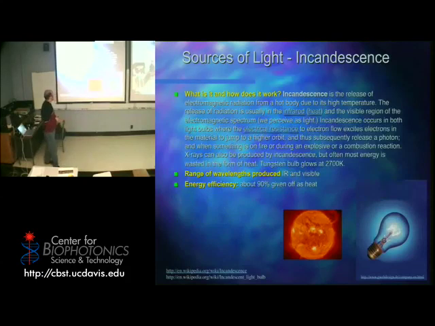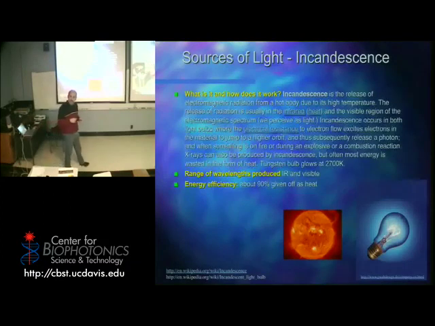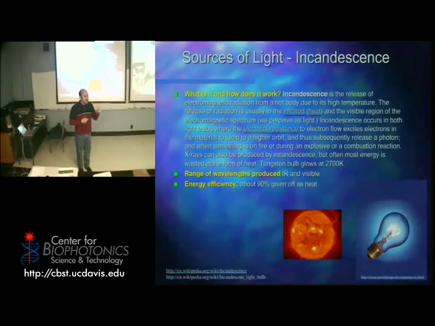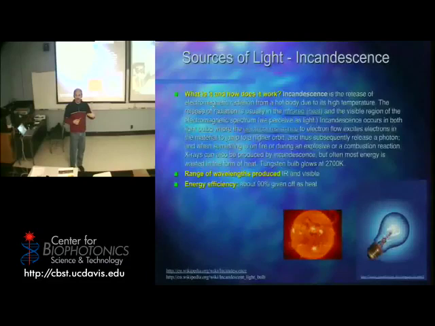So if I take a light bulb and pass electricity through these little thin wires, for a regular incandescent light bulb, that wire has a lot of resistance. So as the electricity is trying to go through it, it causes a lot of collisions. That causes heating, and that heating makes the filament get really, really hot. By really, really hot, I mean thousands of degrees Kelvin.